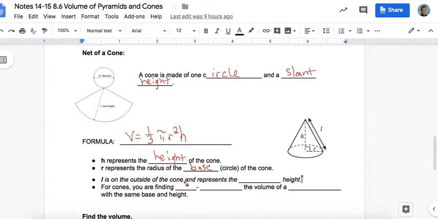L is on the outside, but now this is a cone and represents the slant height, which is right here. And for cones, you are finding 1/3 the volume of a cylinder with the same base and height. Okay, so let's go ahead and calculate these.